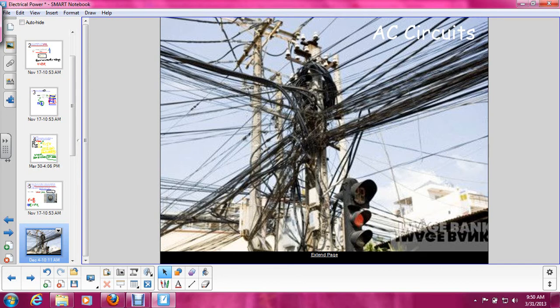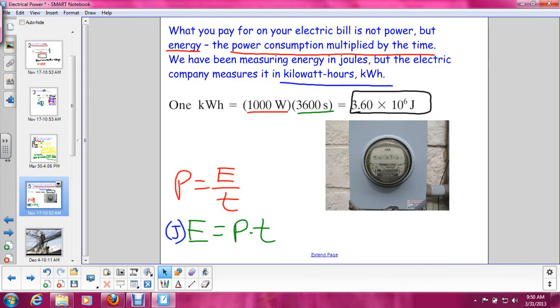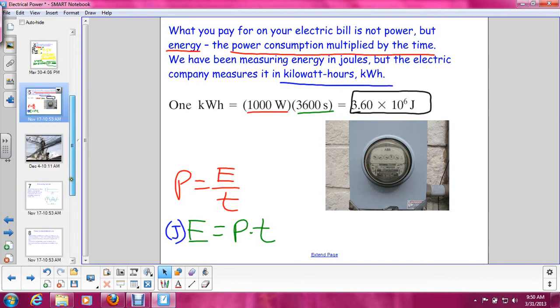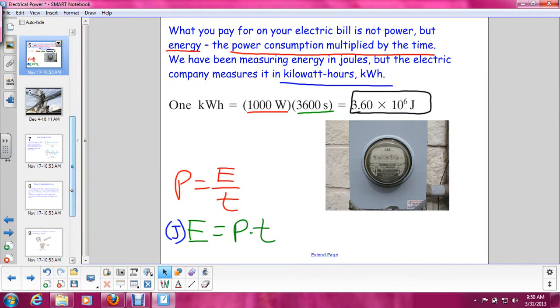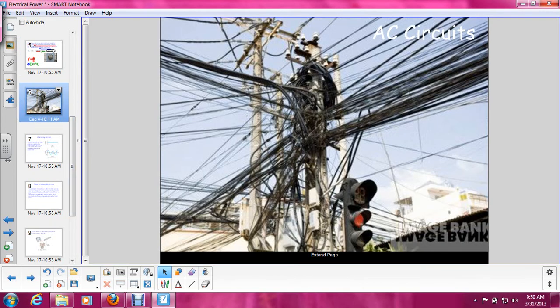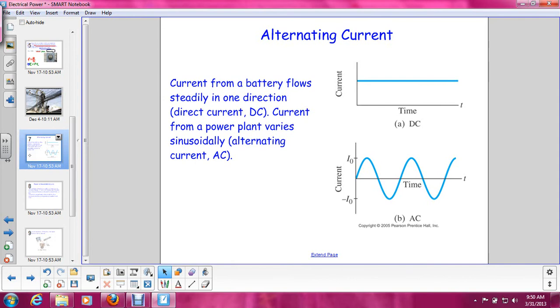So let's talk about alternating current for a second. The power company charges you for how much alternating current you use, or how much energy you consume in your house. And the current that comes out of the outlets in your house is alternating current. So remember, from a few videos ago, direct current flows steadily in one direction. This is like in a battery.